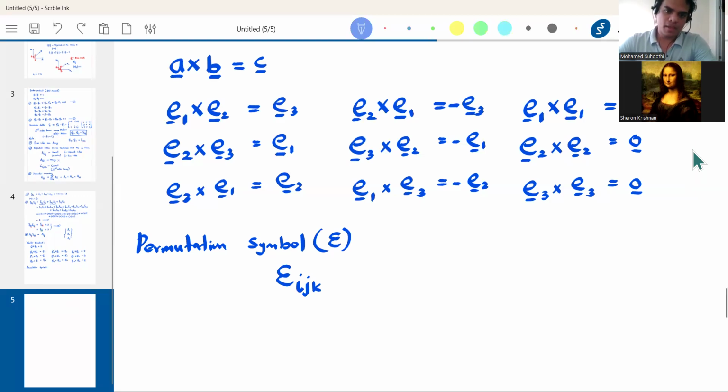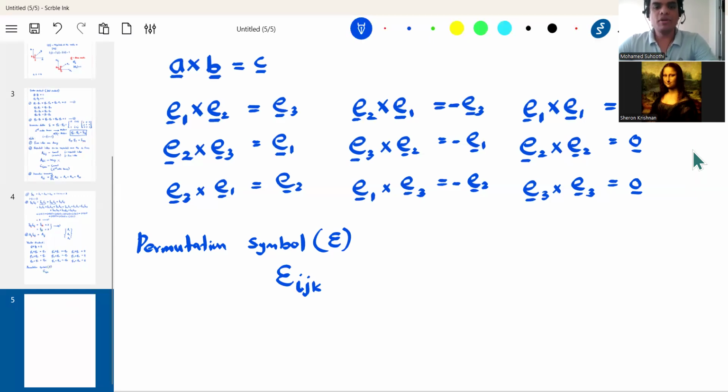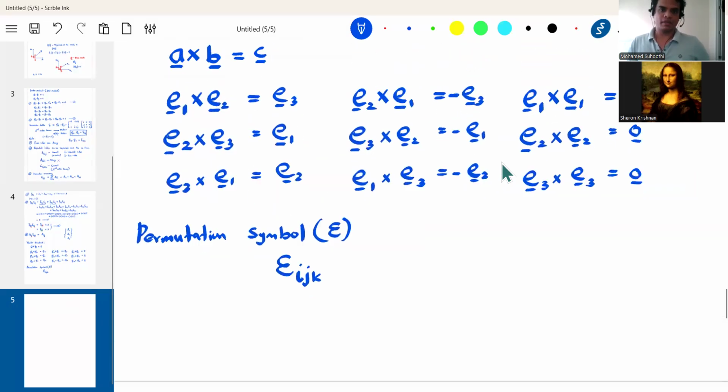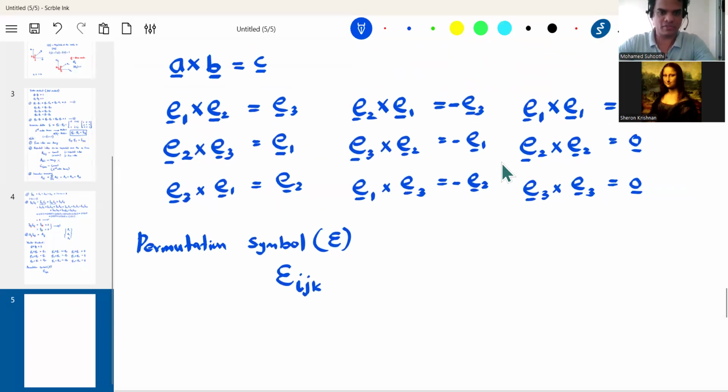Now I'm going to define the cross product. How can I combine? If I write EI cross EJ, I will get another vector.